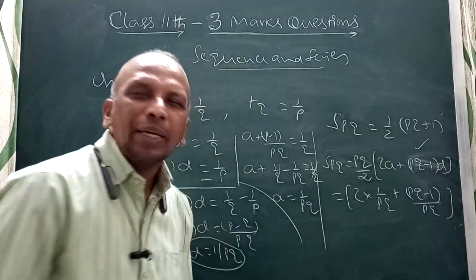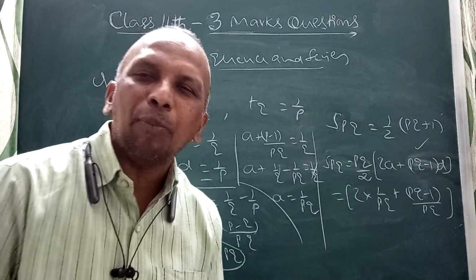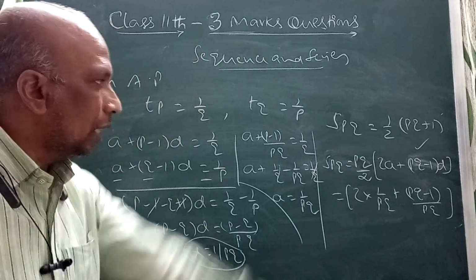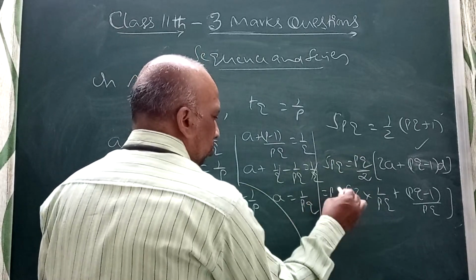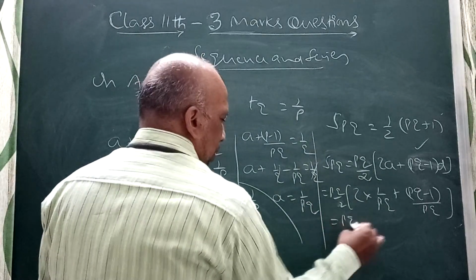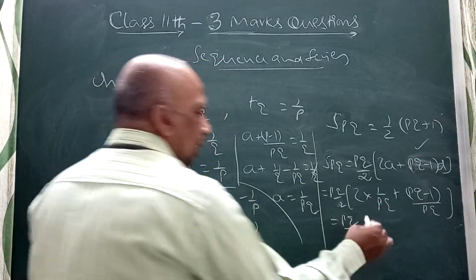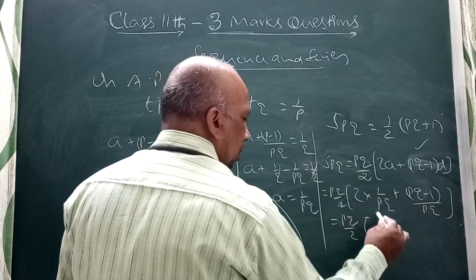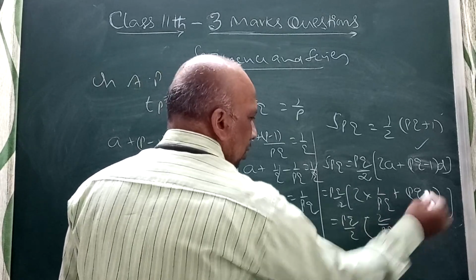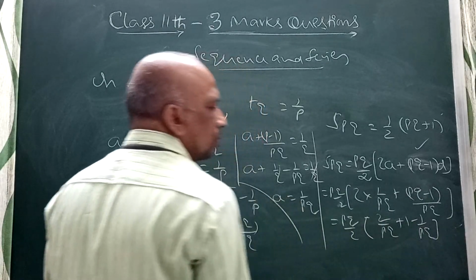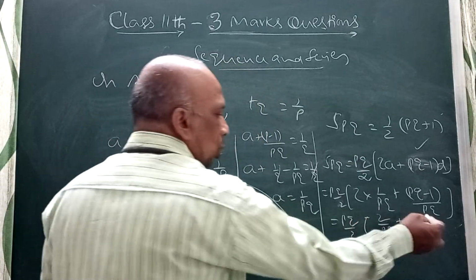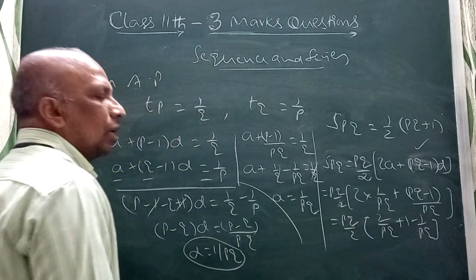Be careful: Sn is equal to n by 2 into 2a plus n minus 1 into d. Here n is pq, so pq by 2. You can check this one, 2 by pq, and this one pq by pq is 1, minus 1 by pq. I can simplify: 2 by pq minus 1 by pq will come 1 by pq.